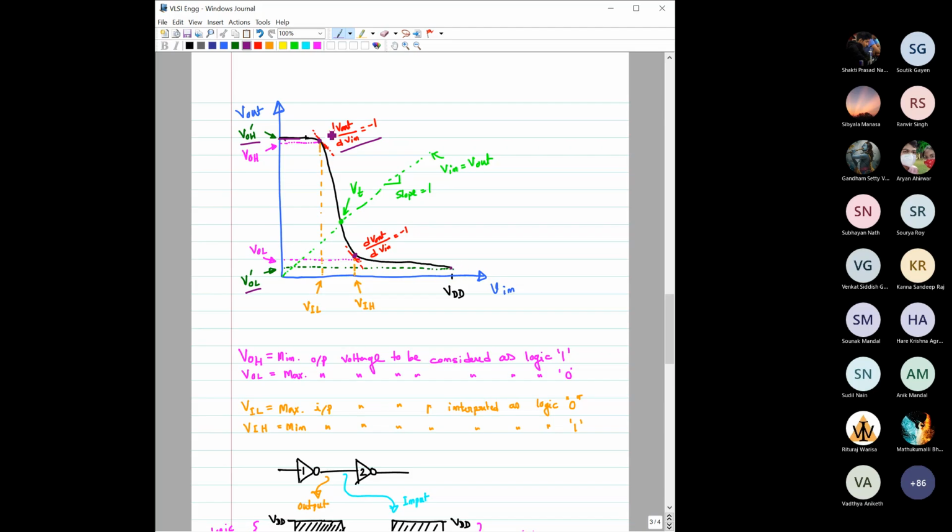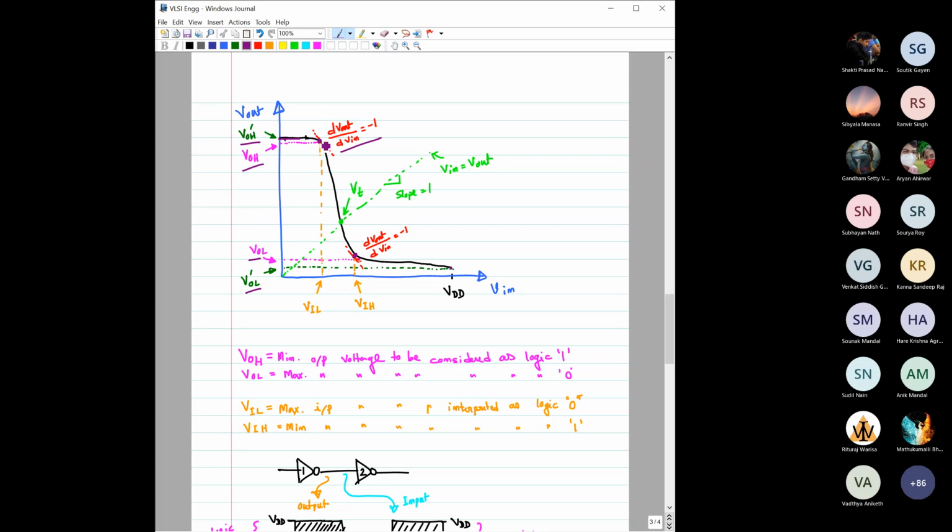Now these 2 points where the slope becomes equal to -1: the higher point, on the top level, the higher output voltage level, we call it VOH. This is VOH, and the lower one on the output side is called VOL.